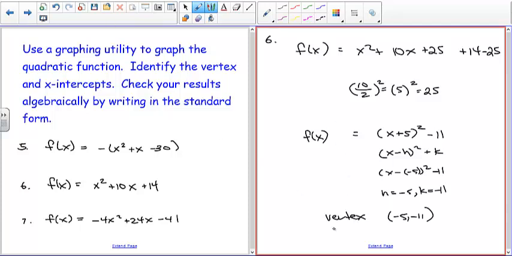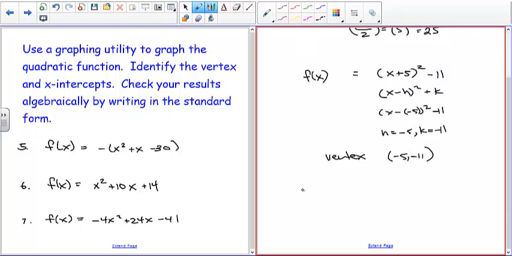As far as the x-intercepts, we set the function x squared plus 10x plus 25 equal to 0. But what two numbers multiplied together equal 25 and add together to 10?